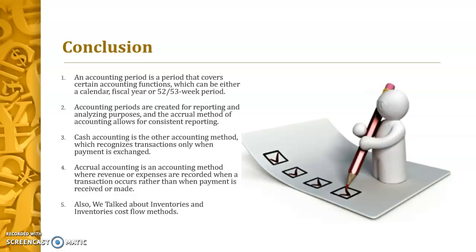Cash accounting is the other accounting method, which recognizes transactions only when payment is exchanged. Accrual accounting is an accounting method where revenue or expenses are recorded when a transaction occurs rather than when payment is received or made. And we also talked about inventories and types of inventories, cost flow.